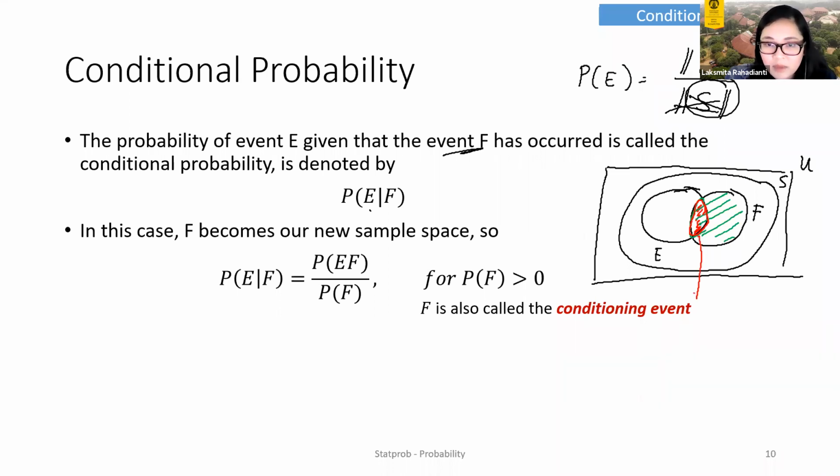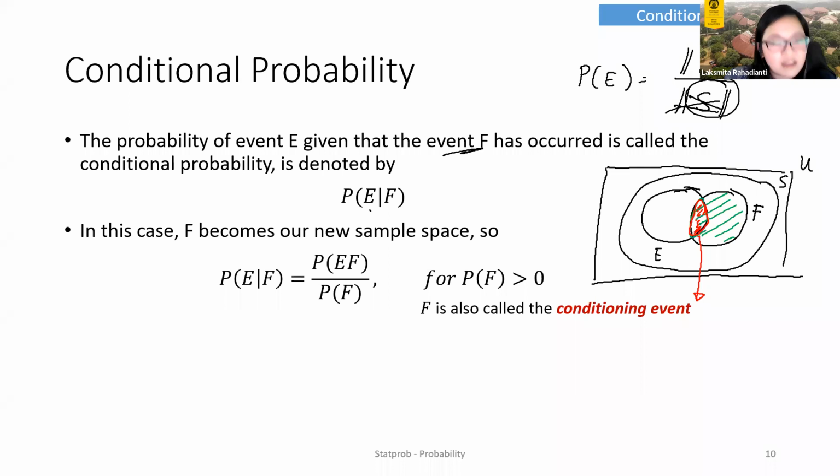This is quite simple since we already know the set theory. If I wanted to denote this as a fraction, it would be equal to the number of EF divided by the number of F, or equivalently, the probability of EF divided by the probability of F. This holds for the probability of F being more than 0, obviously.